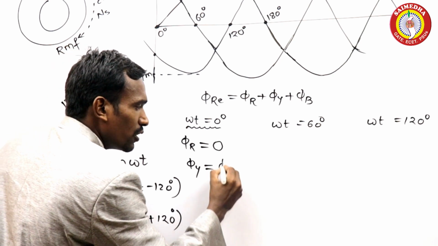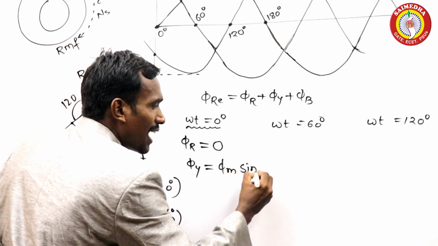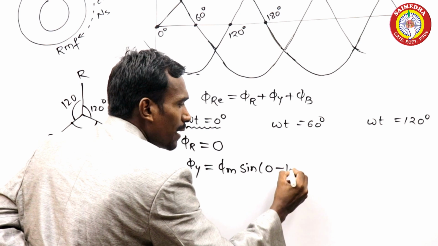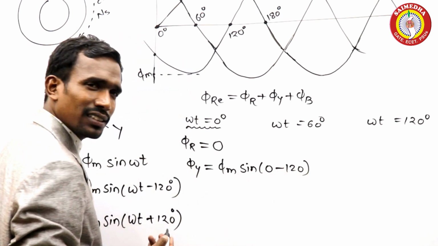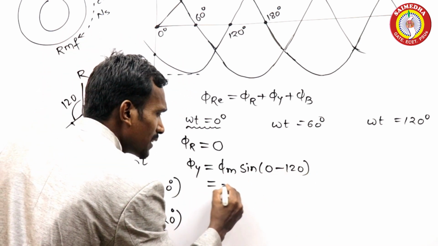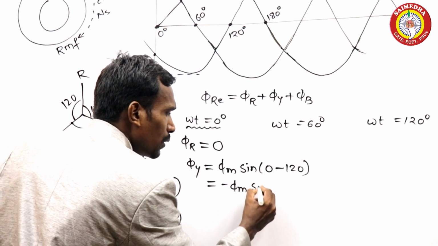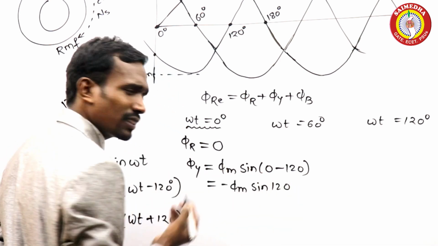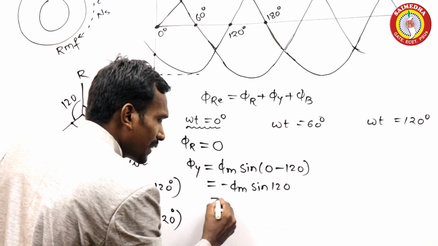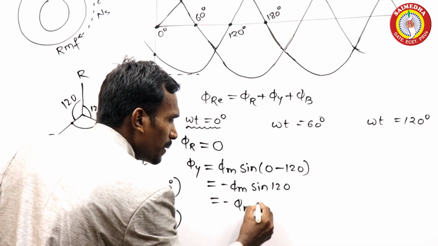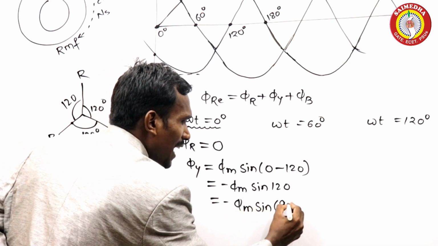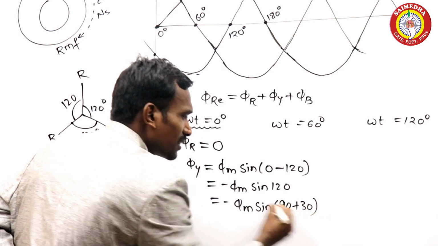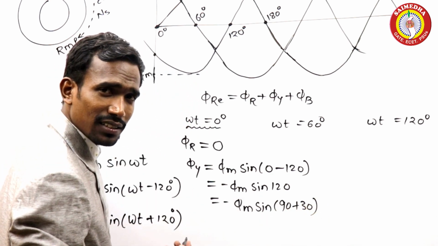Phi y is equal to phi m into sine omega t minus 120 degrees. Nothing but minus phi m into sine 120 degrees, which is minus phi m into sine 90 plus 30 degrees. Right?